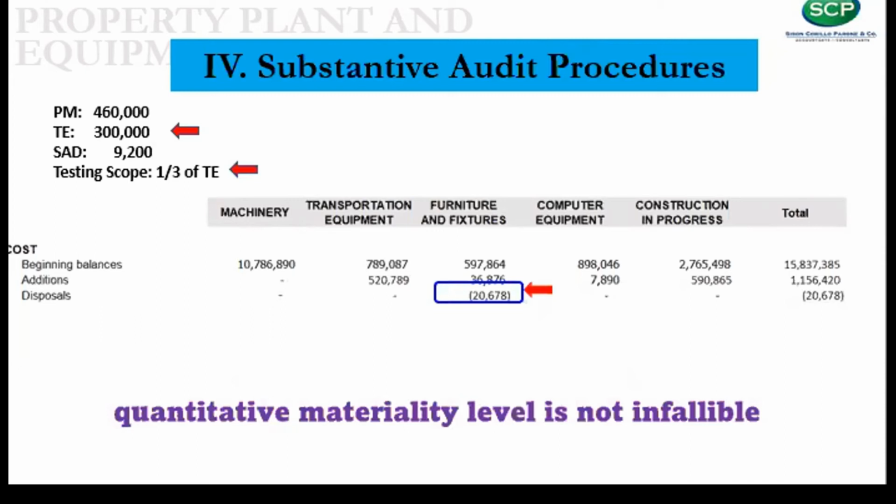Professional judgment, therefore, should be exercised by auditors when examining amounts that are below the set performance materiality level.